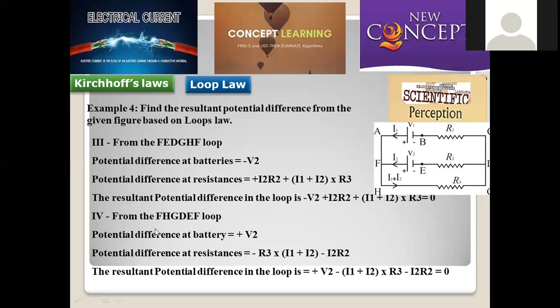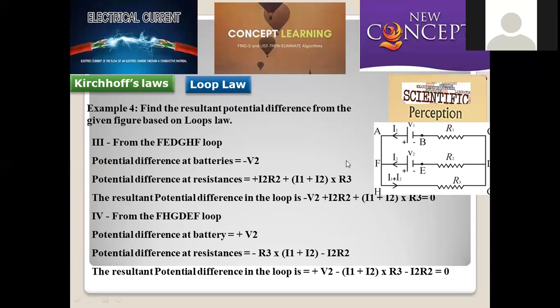Now let us take the reverse of that one. From this we are moving in the reverse direction: F, H, G, D, E, F. In this manner, earlier we were moving in the right hand side, now we are moving in the left hand side. What will happen? Sign inversion is possible. Minus V2 will become plus V2.